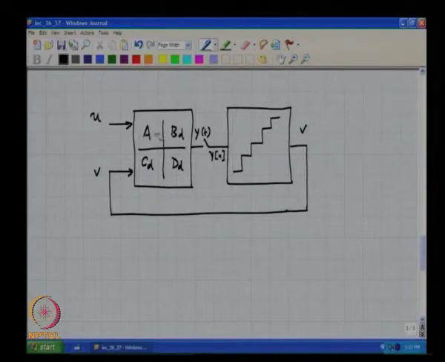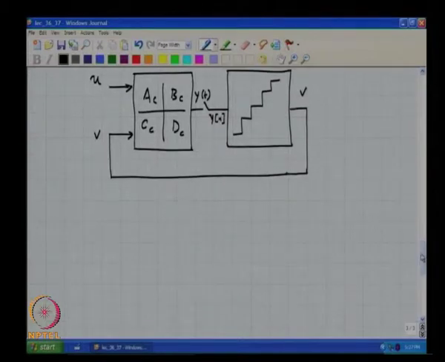The loop filter now is a linear system and can therefore be described by a state space formulation. And what is the state space formulation?